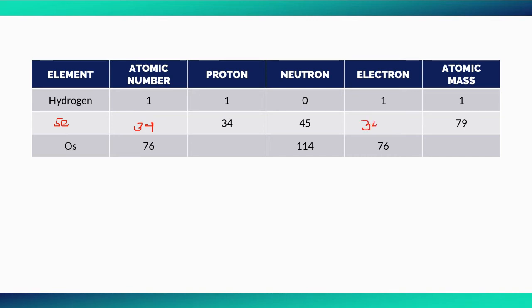Next, let us try to identify the number of protons and atomic mass of osmium. So we have osmium having an atomic number of 76. We have here the number of protons, which is also, very good, 76. Next, we have the number of neutrons and also the number of electrons. Now let us add the value of the proton and the value of the neutron.